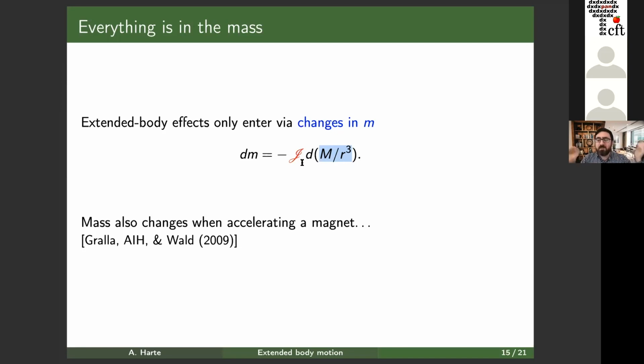How is that? Well, if you analyze it properly, now you have dipole interactions. These are extended body effects, if you like. And the kinetic energy of the magnet is coming from the rest mass energy. So this is just a more exotic example of that.